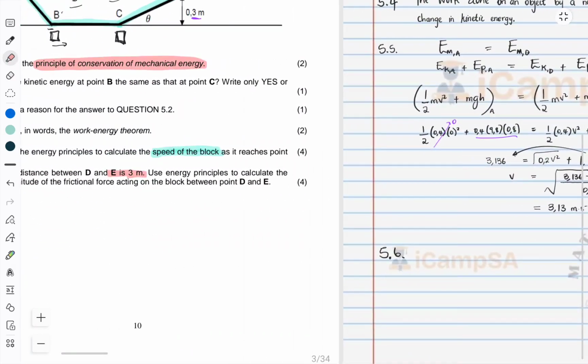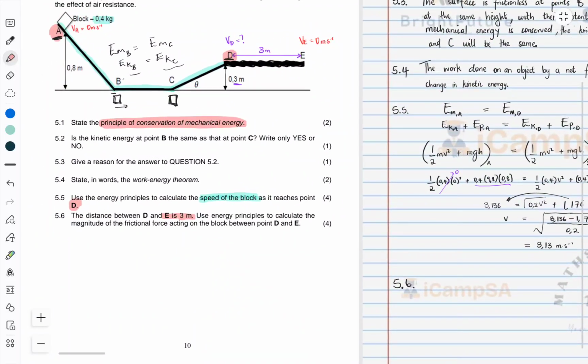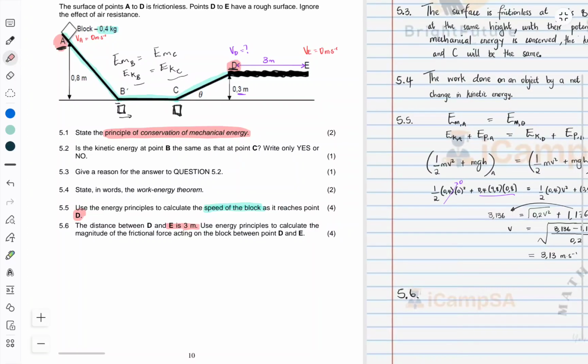So in short, you can use energy principles on both friction and non-friction surfaces, environments or paths, because it can be air, it can be a surface and so on. But you must be careful.